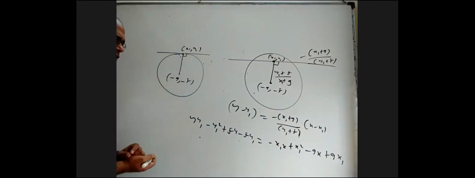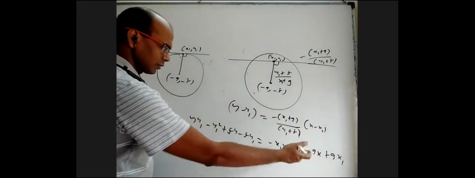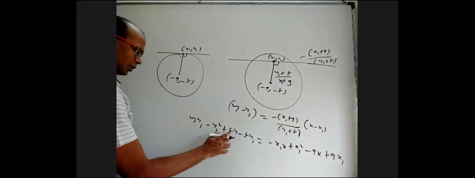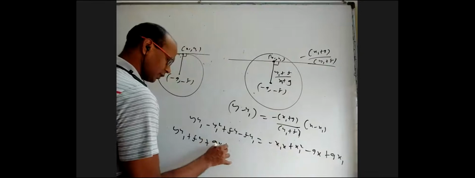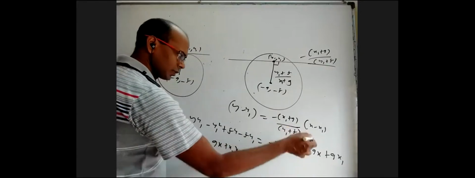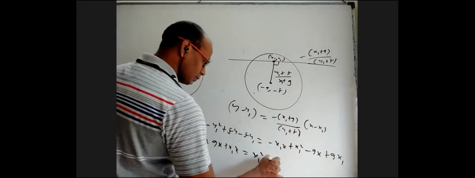I don't want any negative terms anywhere. I want everything to be positive. So those negative terms, bring them to the other side. What we have here is y y1 plus f y, g x and x x1 on this side. That side I have x1 square plus g x1, y1 square and plus f y1.